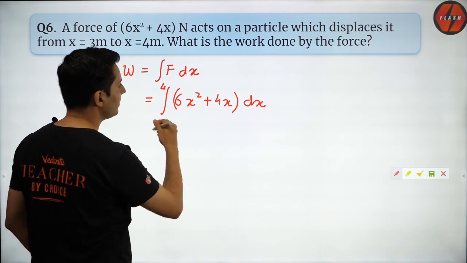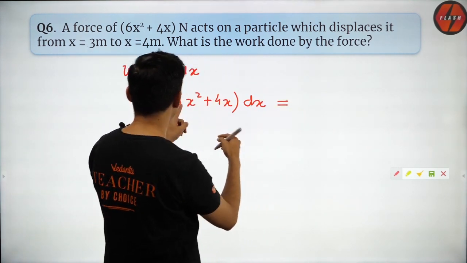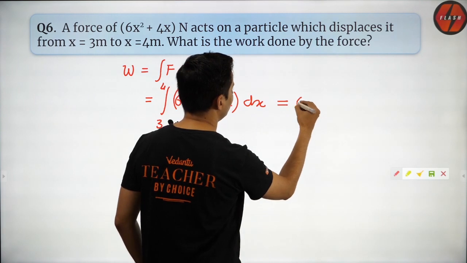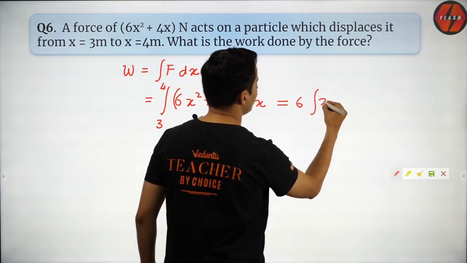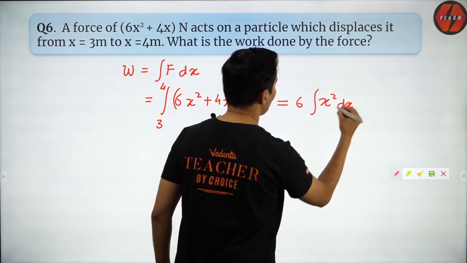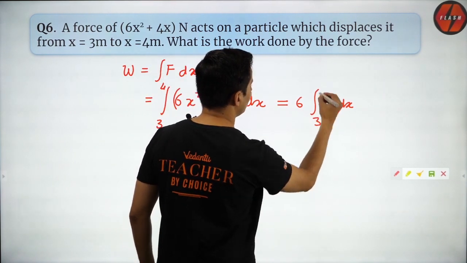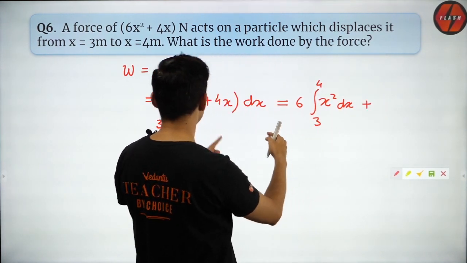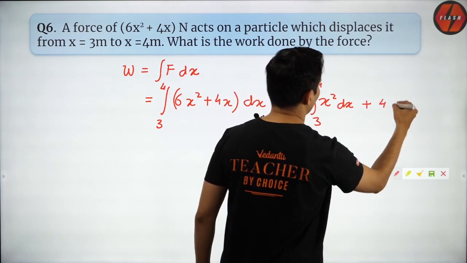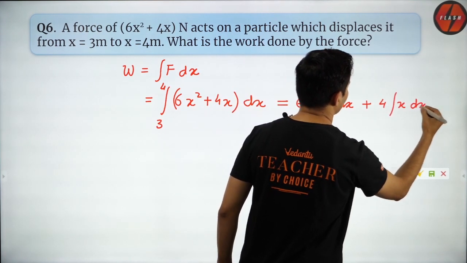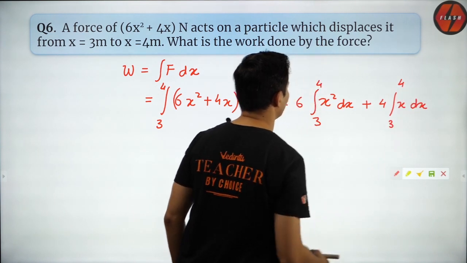Now to solve this, first split it up. 6, take it outside, is just the integration of x square, again from 3 to 4, and the next term will be 4 outside, and you just have x and dx, with 3 and 4 as limits.